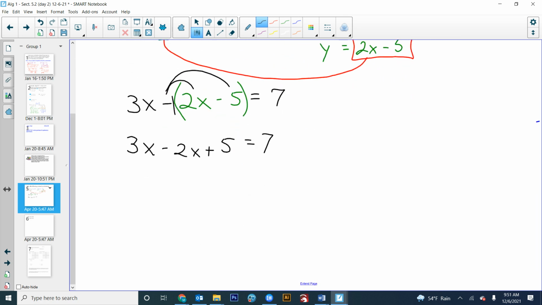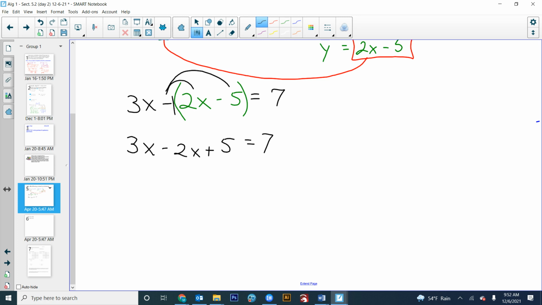All right, we're working on the same side of the equal sign, so we're going to combine like terms. Corbin, what do you get? I have 3 x's. I take away 2 x's.